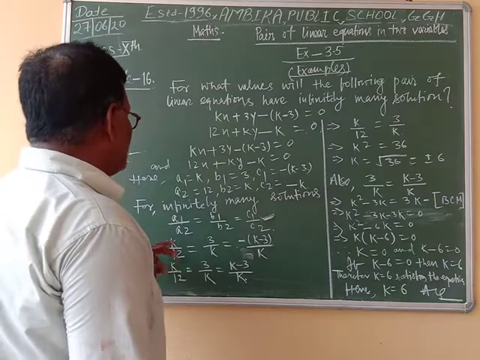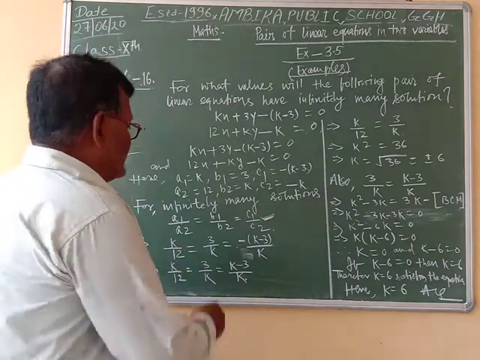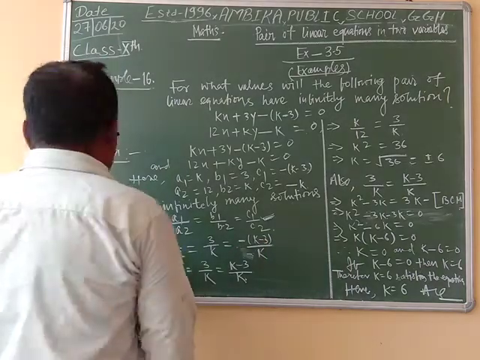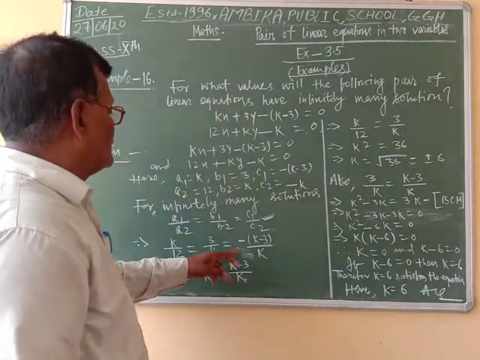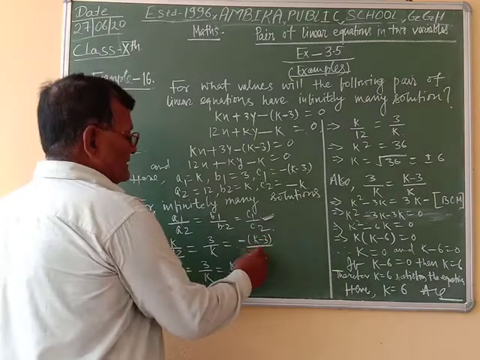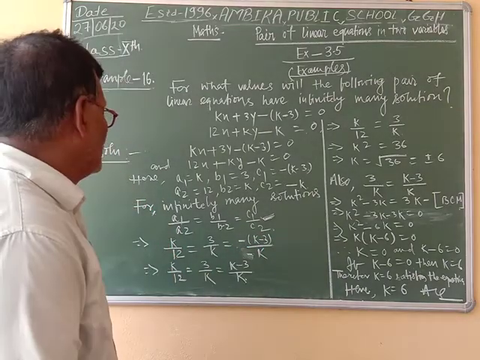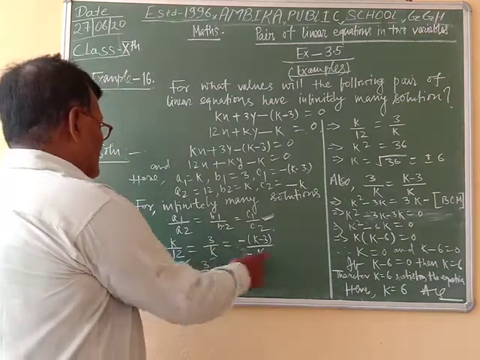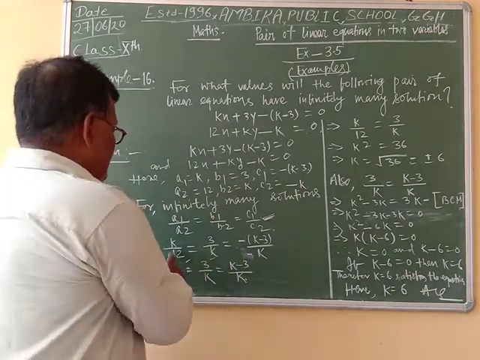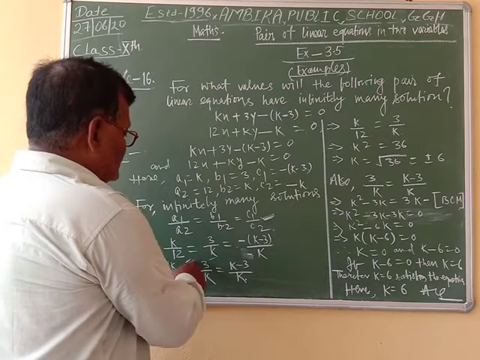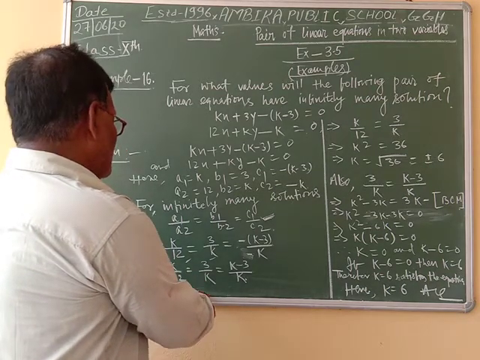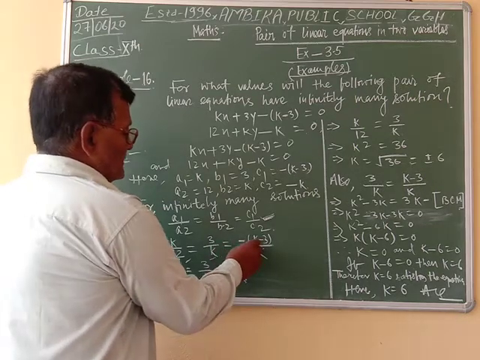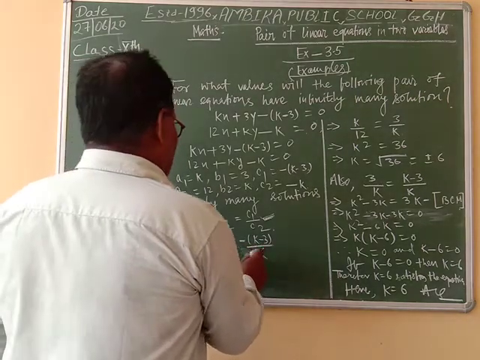Putting the value of a1 b1 c1 and a2 b2 c2, I have written k by 12 is equal to 3 by k is equal to minus k minus 3 by minus k. Here 3 ratios are equal, so we can write k by 12 is equal to 3 by k is equal to k minus 3 by k, because minus sign will be cancelled.